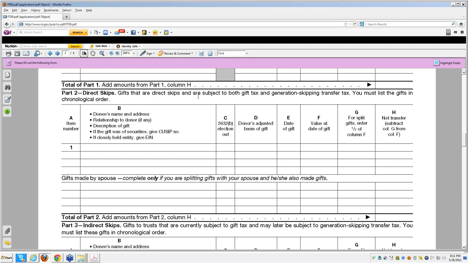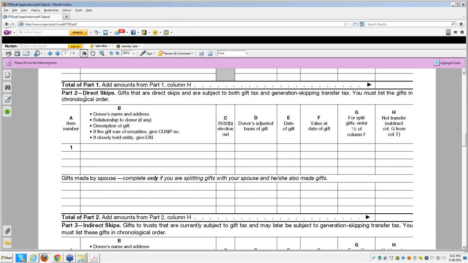But we don't have direct skips, do we, on a mortgage? You do or you don't? Yes, you do. So we have to fill out part 2. Where are you at? We're in part 2.